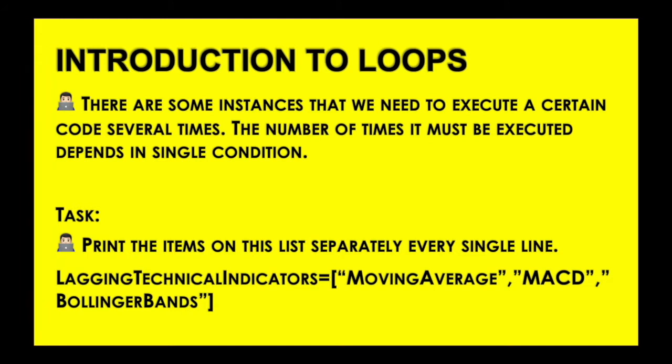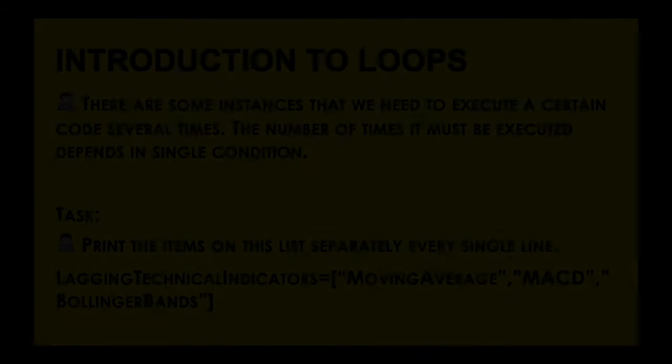Okay, so let's start. Let's print the list, each item on every single line. Please open your Anaconda now and click Jupyter Notebook for it to open, and let's start coding.